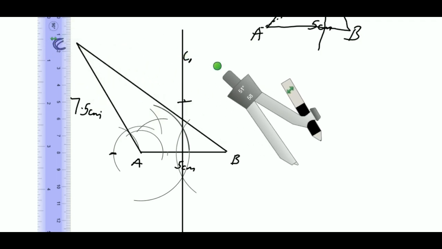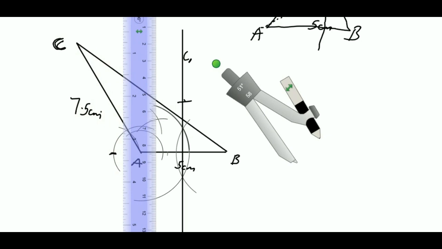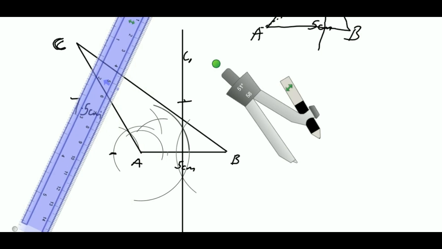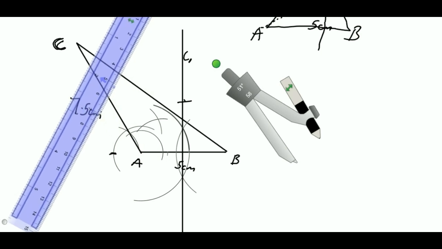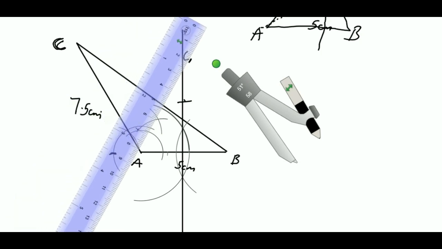Then where these two arcs intersect, you draw a line to that point to meet this vertex. So I've got that here. Then let me adjust my ruler. Okay, let me see if this will work. Okay, I think that's right about that.